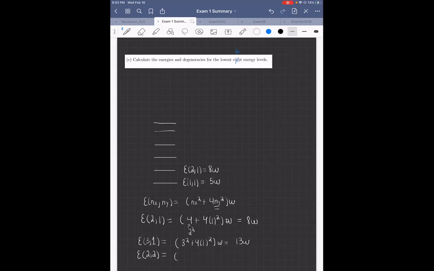And then we have 2 squared plus 4 times 2 squared, times W, and that's 4 plus 16, which is 20W. So this is the next one, and we're going to put this in the back of our mind when we calculate the next one. So E of 3, 1 is equal to 13W.